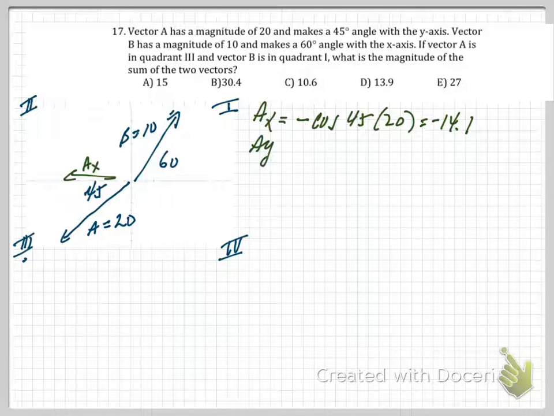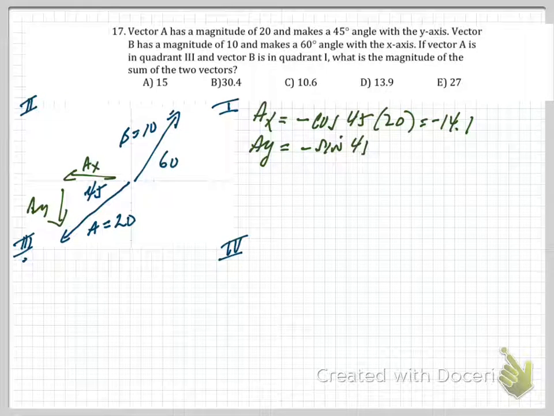A in the y direction is going to be negative sine 45 times 20. Since cosine and sine of 45 are the same, it's still going to be negative 14.1.